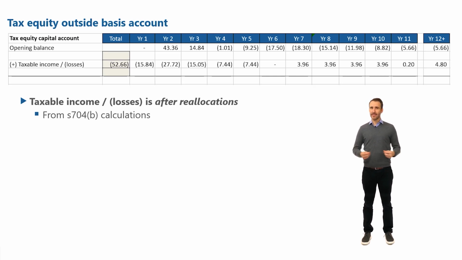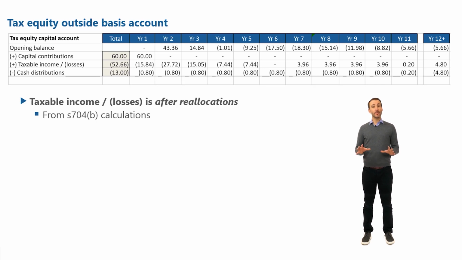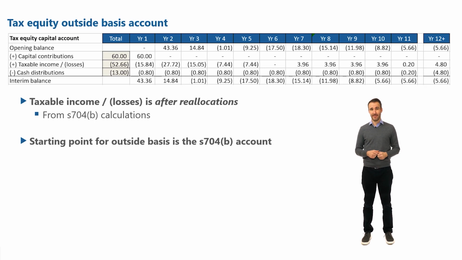The tax equity investor's taxable income from the Section 704B account calculations is 52.66 million after reallocating the 1.74 million to the sponsor. The capital account also includes the investment of 60 million because $60 million of cash today is worth the same today to the partnership as it is to the partner, and it's the same for distributions. So the initial capital account we have here is identical to the Section 704B account.